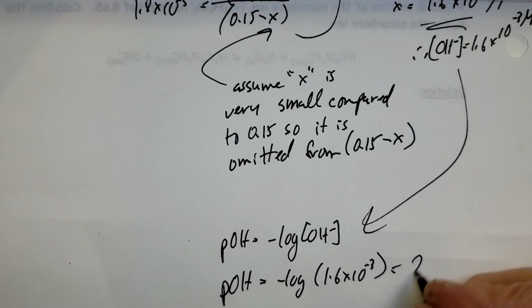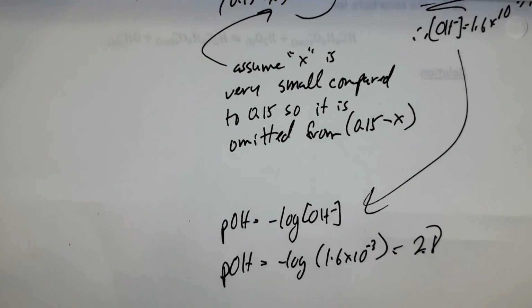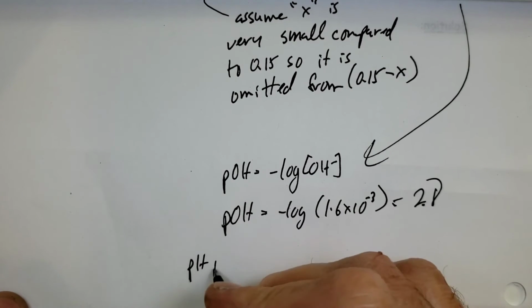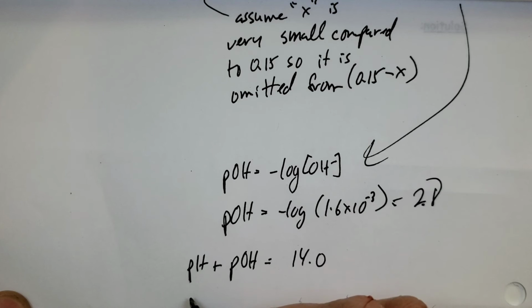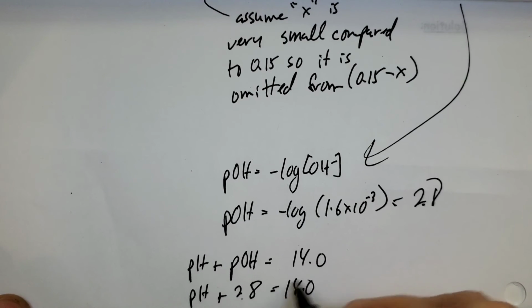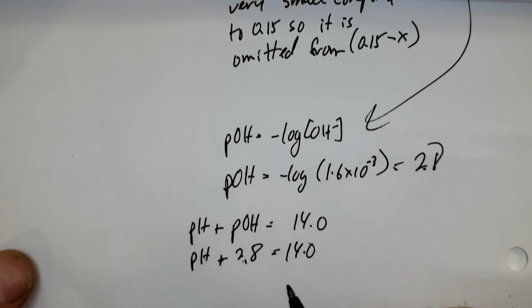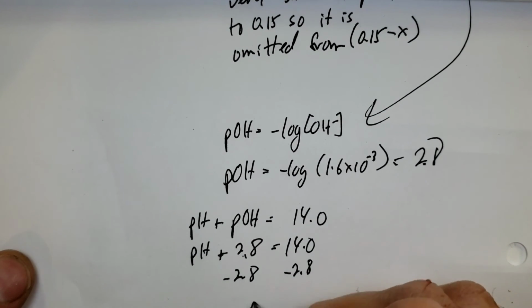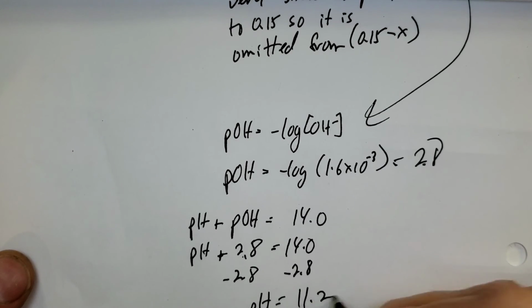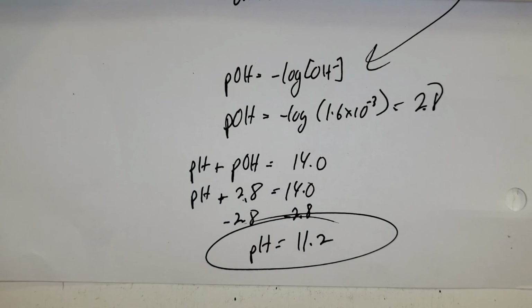That's going to give me 2.8. And of course, pH plus pOH adds up to be 14. So if I know what pOH is, I can certainly figure out what pH is. 11.2. All right, there you have it, ladies and gentlemen.